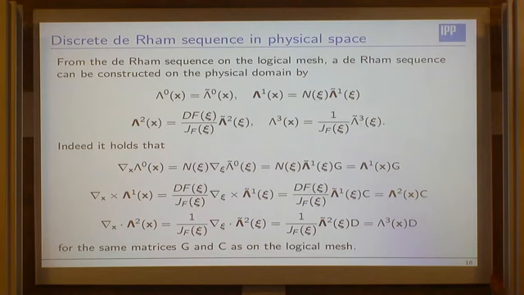So if you do this construction properly, all those properties transfer to the physical space. You can go on with the other identities. We have to note that these matrices, the discrete gradient and the curl, look exactly the same in the logical and the physical space.